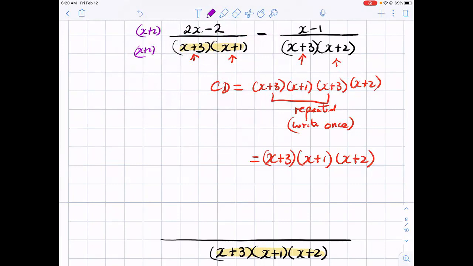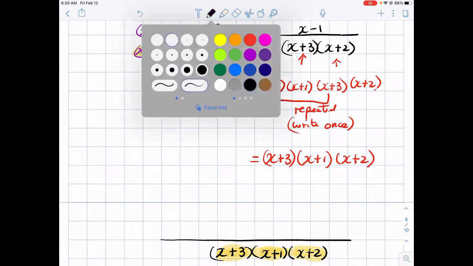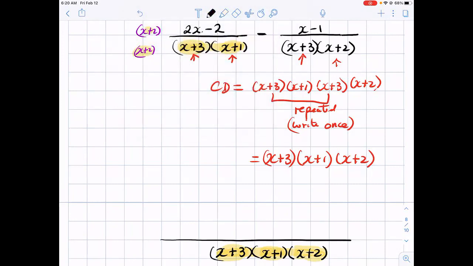Once again, in this denominator we have x plus 3, we have x plus 3. Then we have an x plus 1, we have an x plus 1. But the new fraction's denominator has an x plus 2. So we multiply by x plus 2. If we do it in the bottom, we have to do it in the top. So this becomes 2x minus 2 times x plus 2.